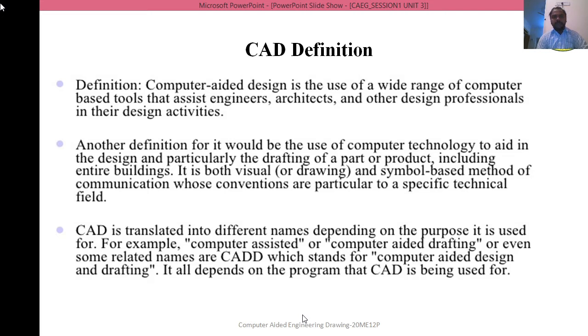By making use of CAD software, the drawing can be represented both visually as well as symbolically, and communicated in a visual as well as symbol based method, whose conventions are particular to a specific technical field. CAD can be called by different names such as computer aided design and drawing, or computer aided design or computer assisted design.